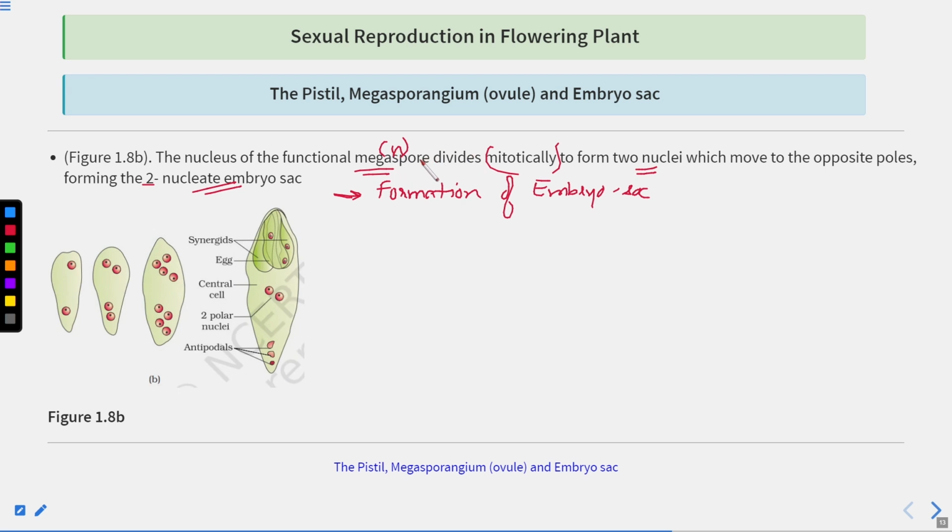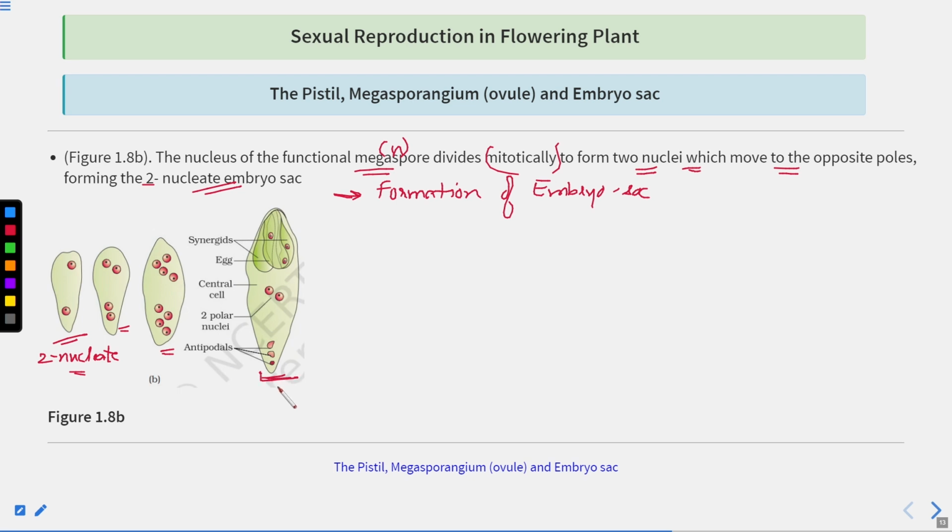It divides to form two nuclei which move to the opposite poles forming the two nucleate embryo sac. Initially a two nucleate embryo sac is formed, and then a four nucleate embryo sac, and then finally an 8 nucleate embryo sac is formed, and these 8 nuclei are arranged like this.